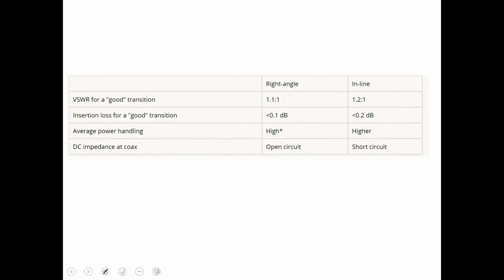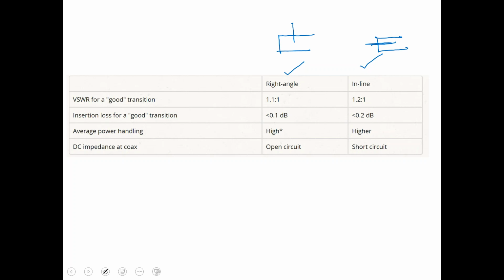So if I take a look at the two transitions, the right angle and the inline transition, the right angle where we are coming in from the top, inline where we are coming in this way, there is a performance difference you can get.